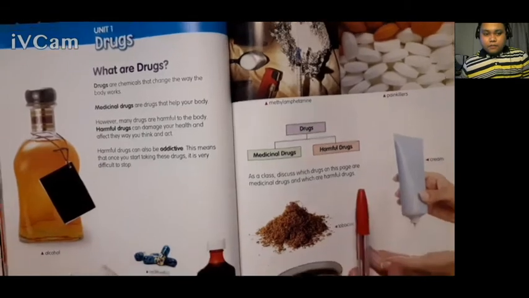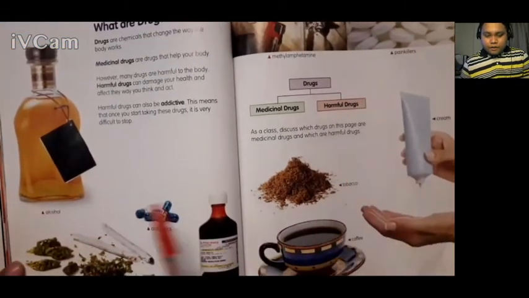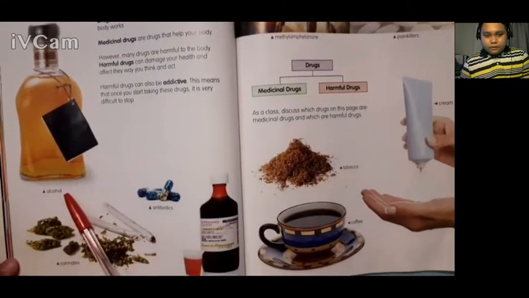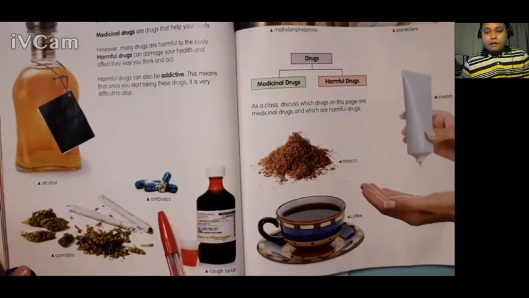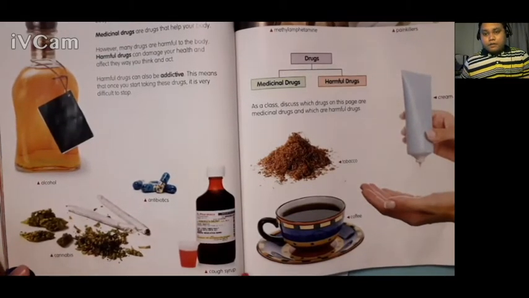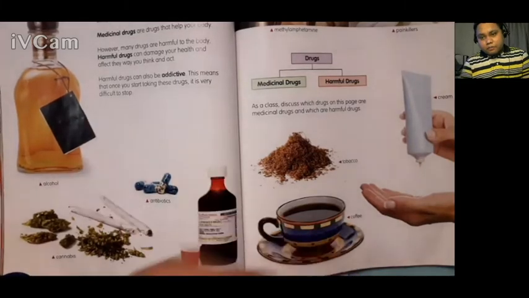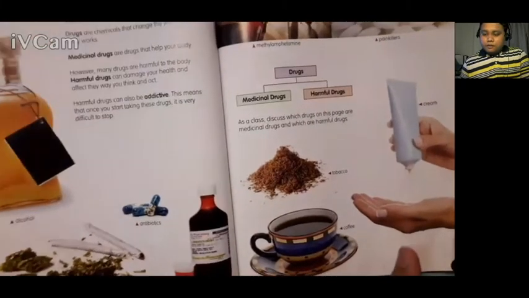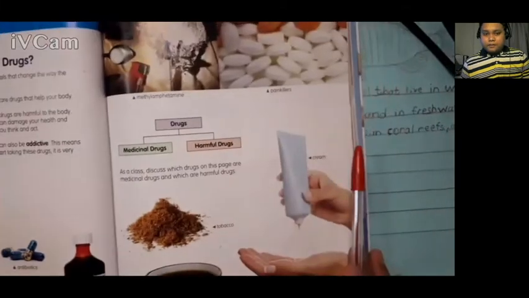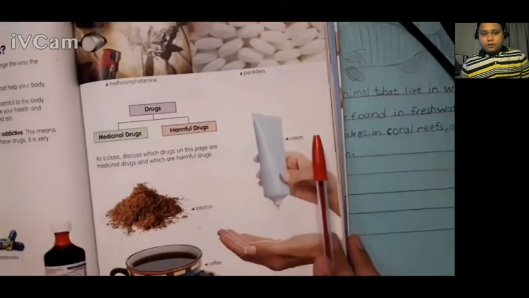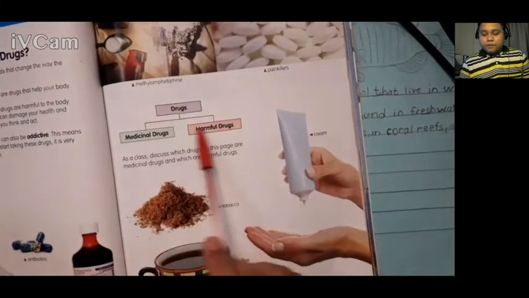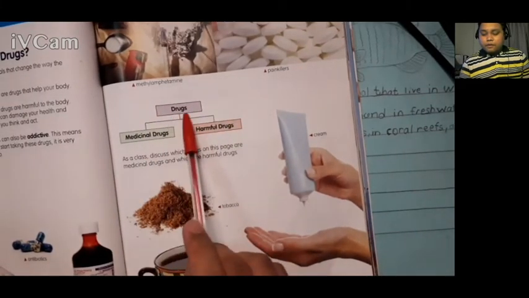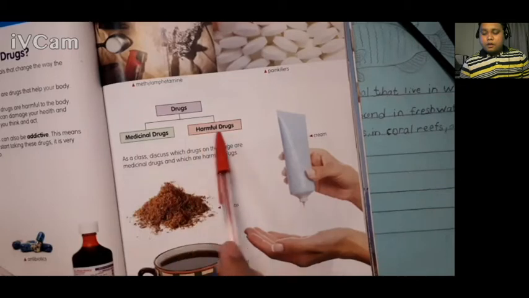Okay, let's see some pictures here. So we have here alcohol, cannabis, antibiotics, cough syrup. Don't worry, we will explain that in the coming pages. Let's move on first to the next page. So we have here a small chart: drugs, medicinal drugs, harmful drugs.